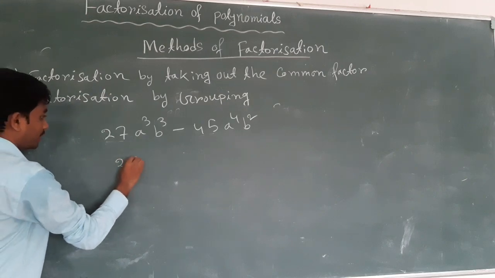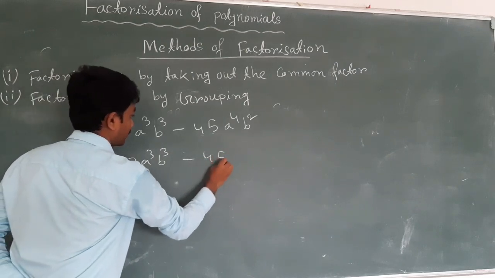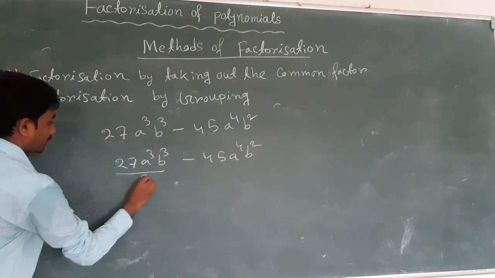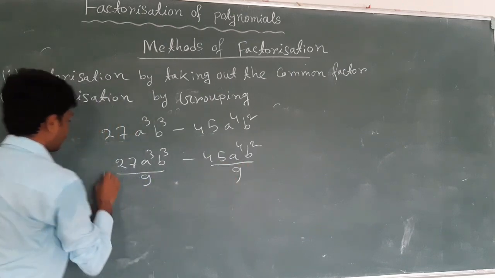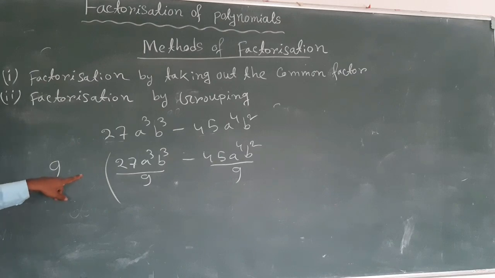So we divide each of the terms by 9 and we write 9 as a multiple.